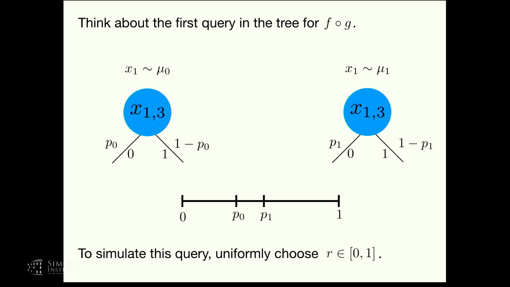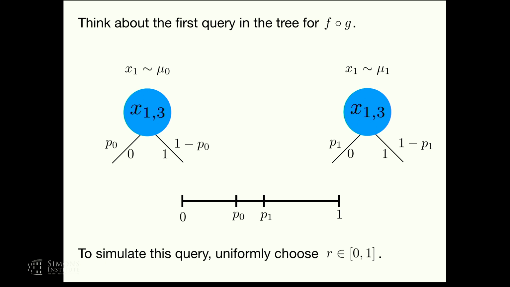Now I want to simulate this query, which means I want to go right with probability p0 if I'm in this case, and I want to go right with probability p1 if I'm in this case. And I want to do this by making just some fractional query. With very low probability, I want to have to actually make a query. So how can I do that?